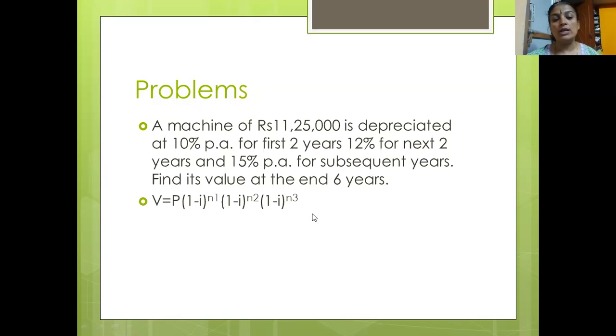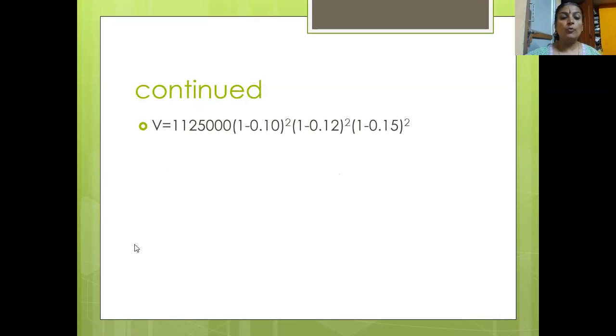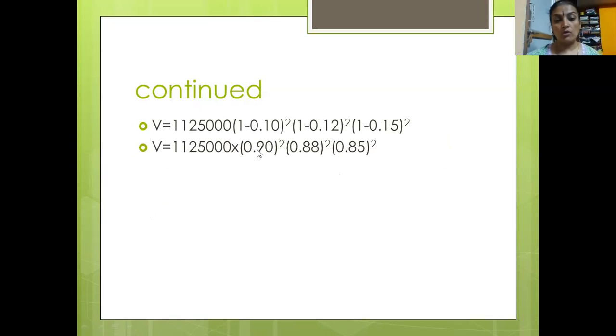So let us first have the formula and let us put the values in it. P is equal to 11,25,000, and here 10% for 2 years, 12% for 2 years, and 15% for the final 2 years. You will get 1 minus 0.10, which is nothing but 0.90 raised to the power of 2. 1 minus 0.12 is nothing but 0.88 raised to the power of 2. 1 minus 0.15 is nothing but 0.85 for 2 years.